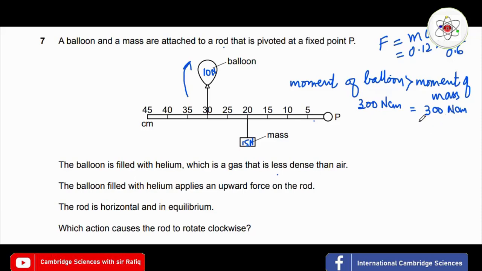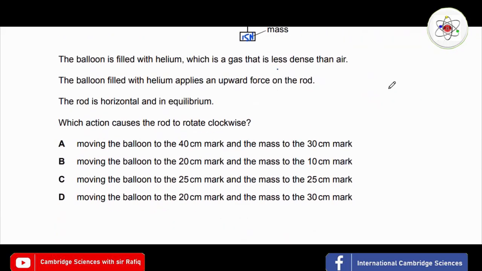All right, so let us go through the options. As we assumed the force is 10 Newton, so 10 into 40, 400 Newton centimeter is the moment of the balloon in option A, and 15 into 30 is 450 Newton centimeter. So the moment of the balloon is smaller, so this can never be our answer.